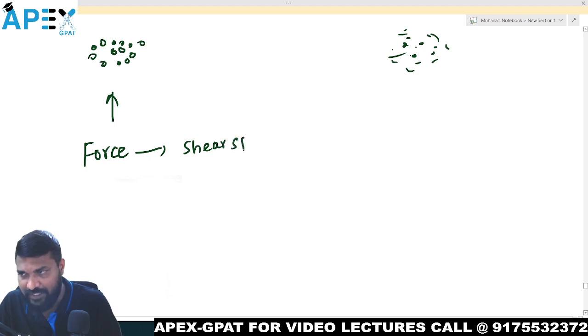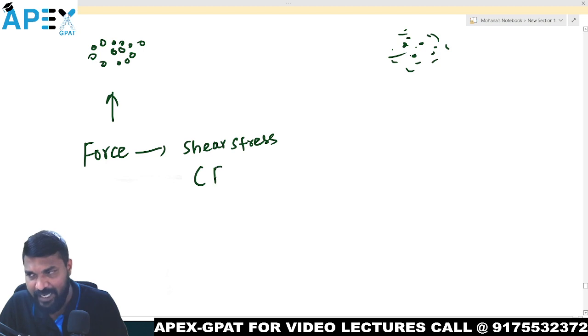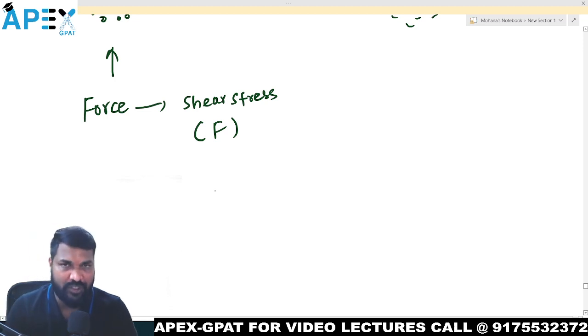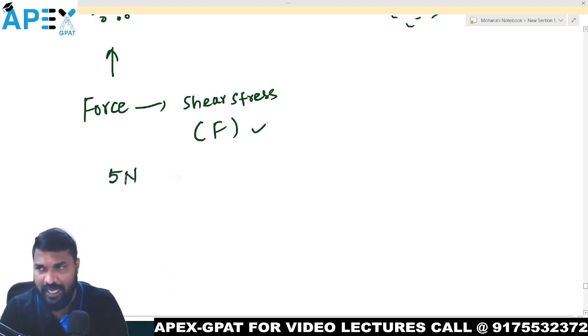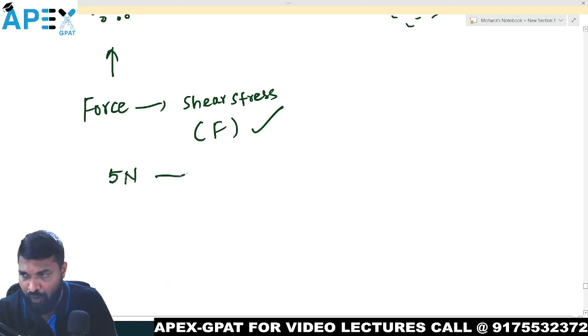We are applying shear stress, that means the force, and we designate the symbol F. Technically, shear stress means force only. Now I applied the force here. How much shear stress did I apply? I applied 5 Newton shear stress. That was 5 Newton F I applied. When I applied 5 Newton shear stress, the flow I found was 5.